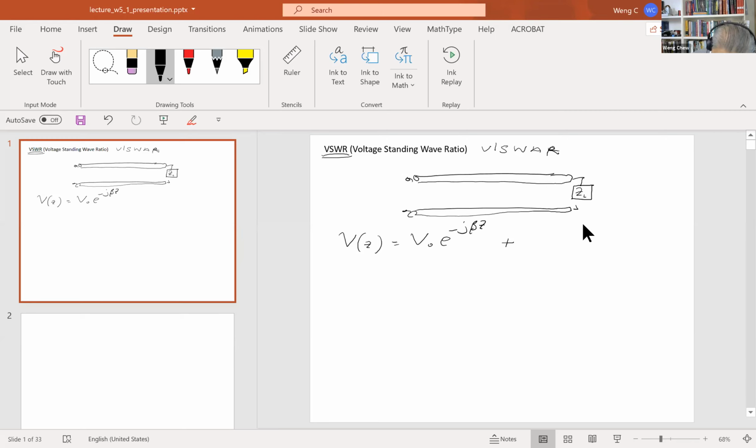And then you're going to have V naught e to the plus j beta z. And the reflected wave is always related to the incident wave by the reflection coefficient gamma L.